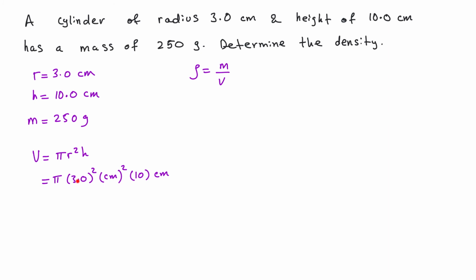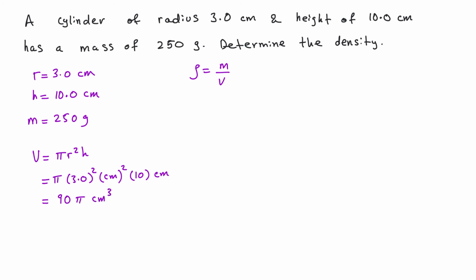You don't have to write the proper number of significant digits in your calculations in every single step. So the final value here will be exactly 3 times 3, which is 9 times 10, 90 pi centimeters cubed.